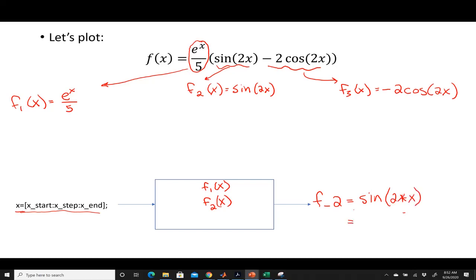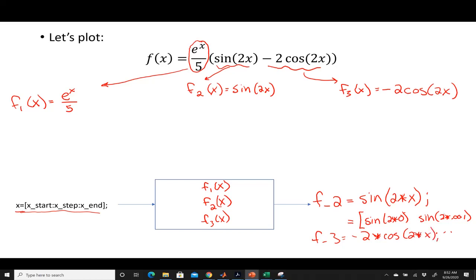If I plotted it or just looked at the numbers, this would also be a row vector that would have sine of 2 times 0, and then the next entry would be sine of 2 times 0.001, and so on and so forth. And then similarly with f3 of x, I would also get a row vector, and that row vector would have in it negative 2 times cosine 2x.